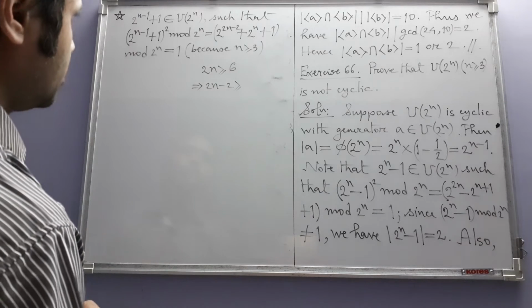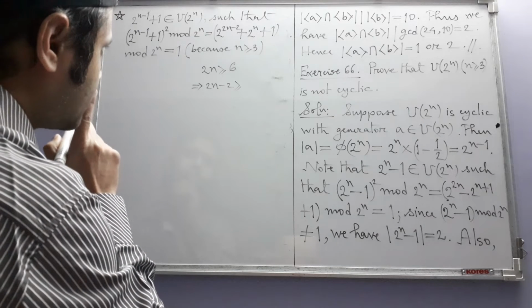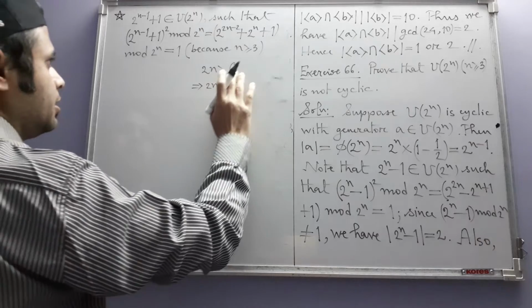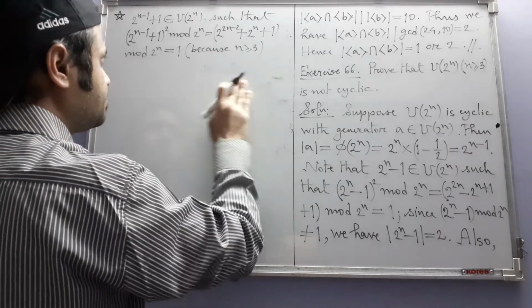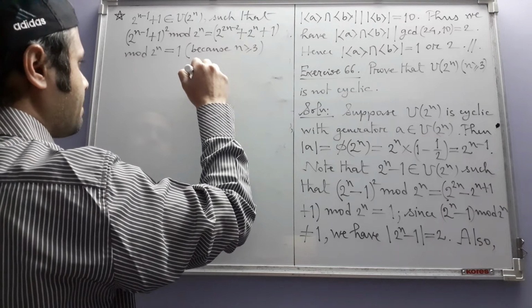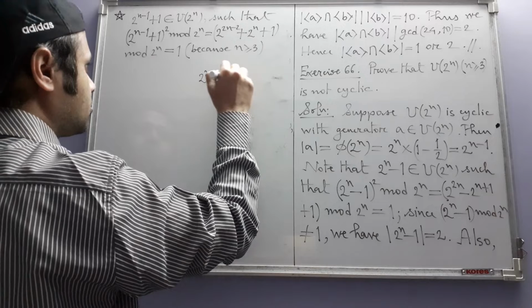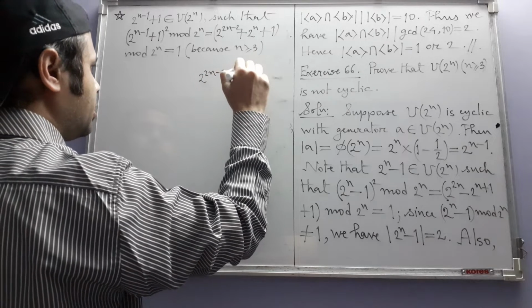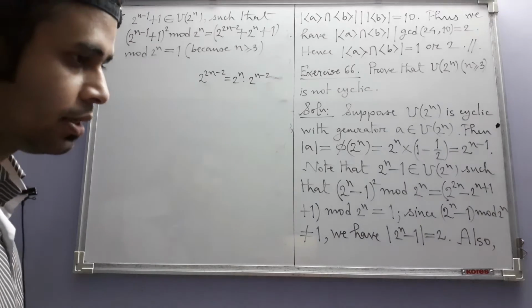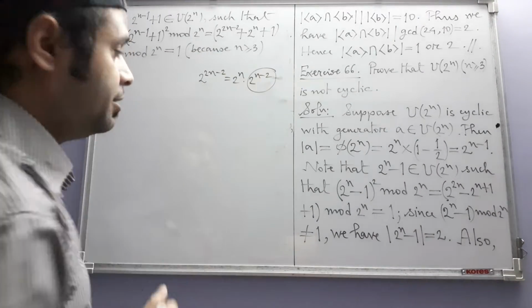No, that's not what I want to conclude from this. What I'm trying to say here is this. This can be written as 2 to the power n times 2 to the power n minus 2, and because n is greater than or equal to 3, this is an integer.